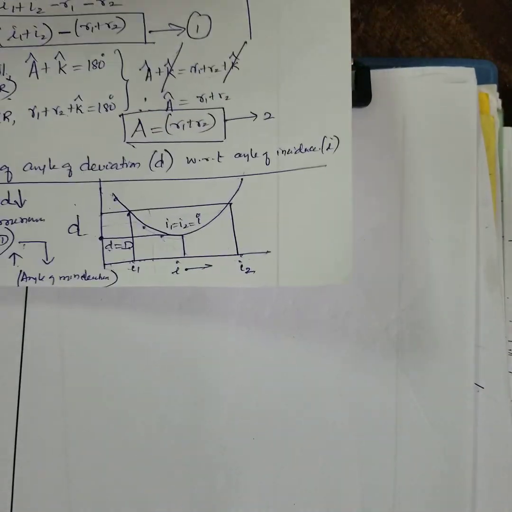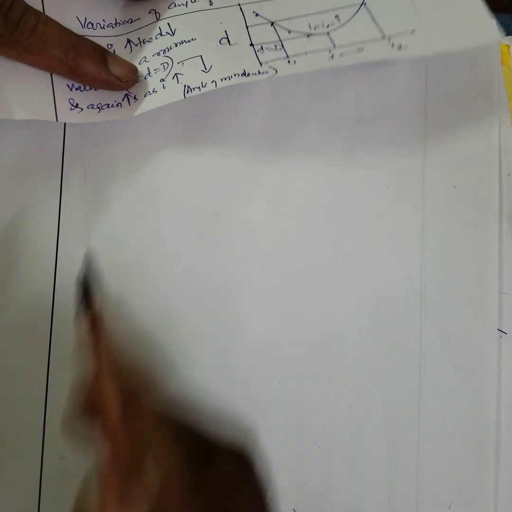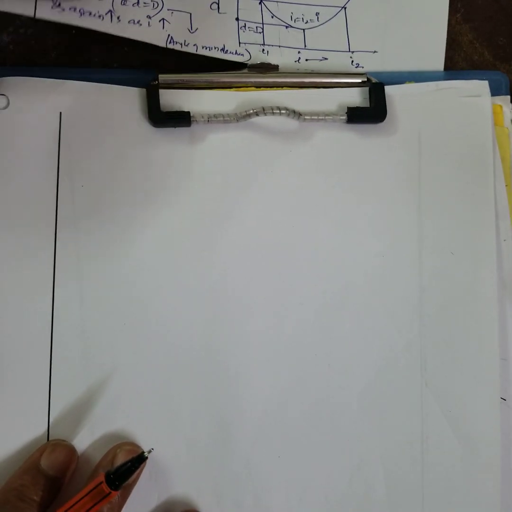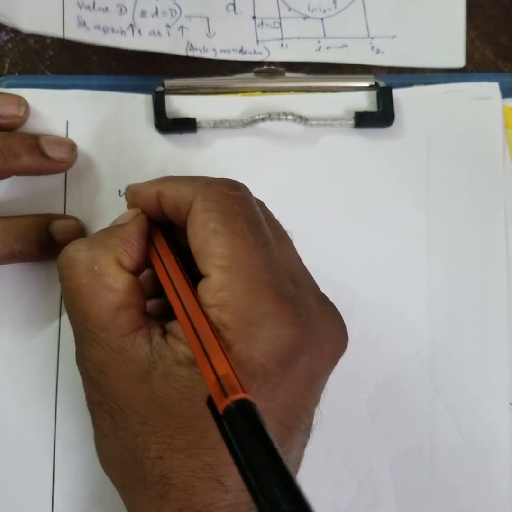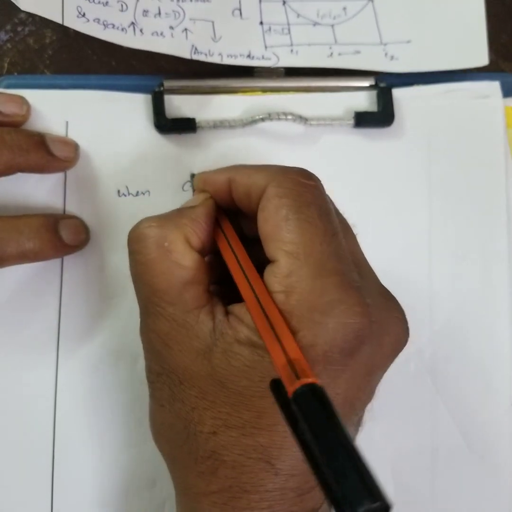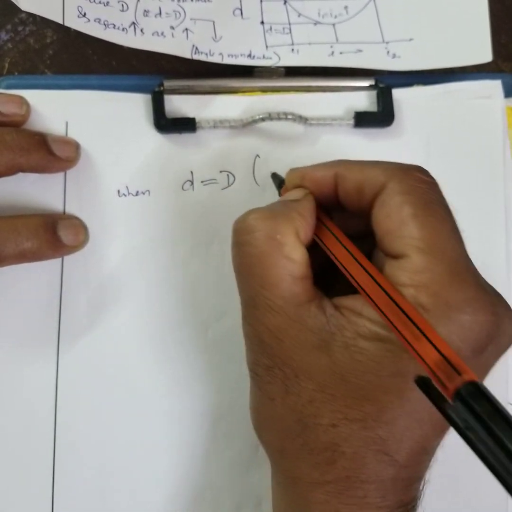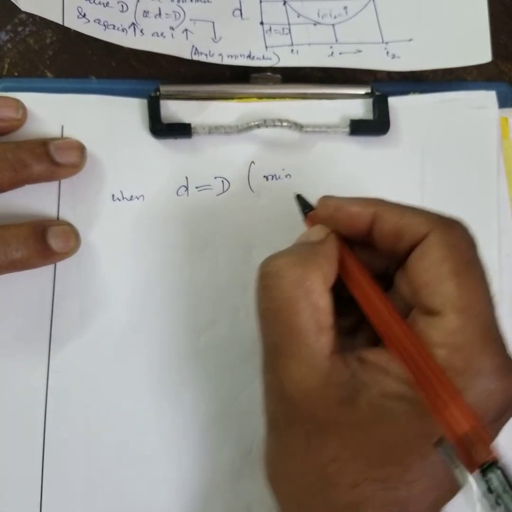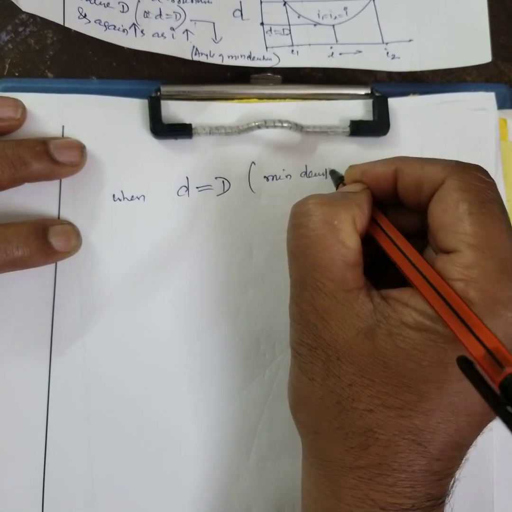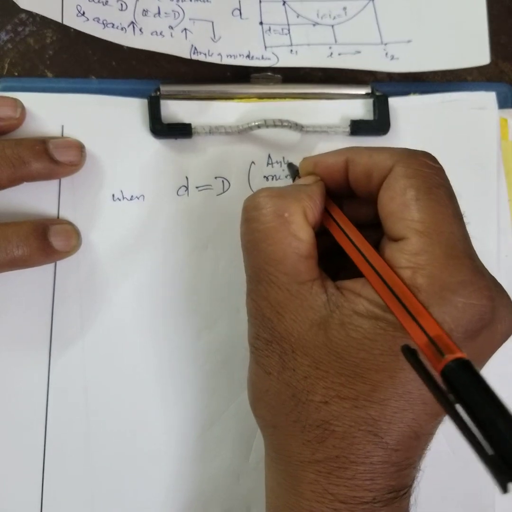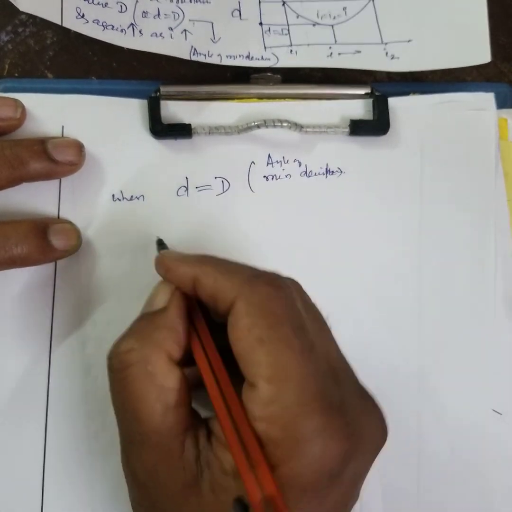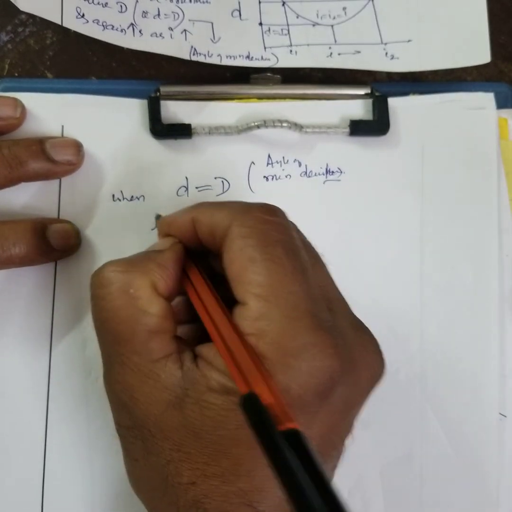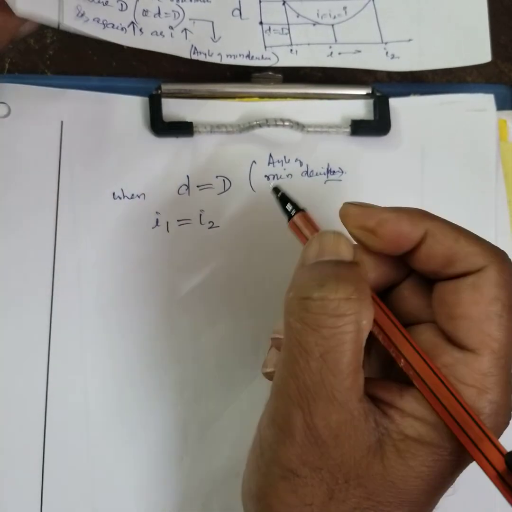Next, what is the condition? When D becomes capital D, that is minimum deviation, angle of minimum deviation, I1 equal to I2.